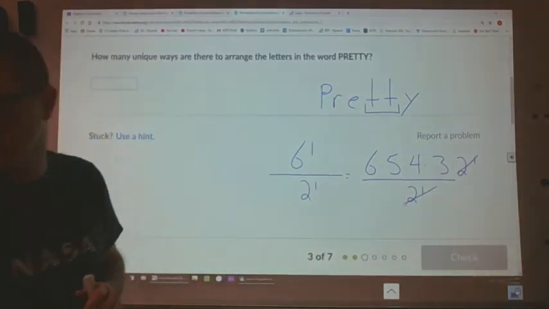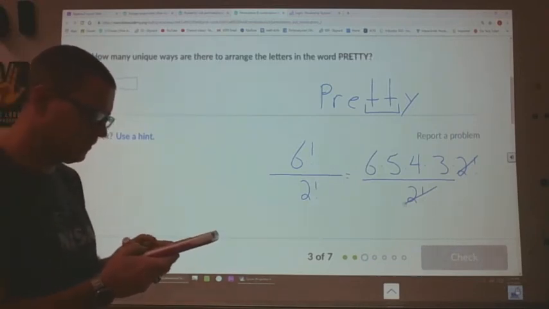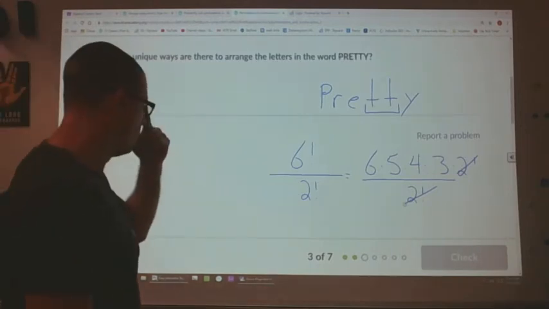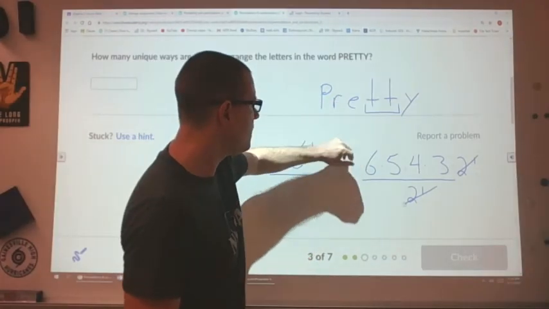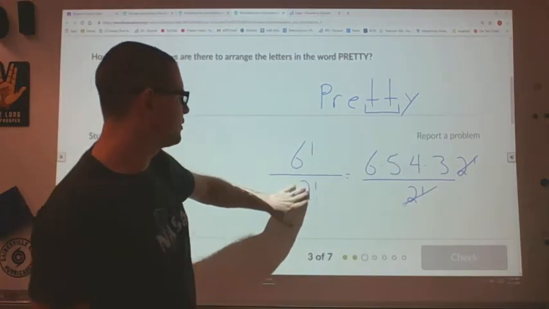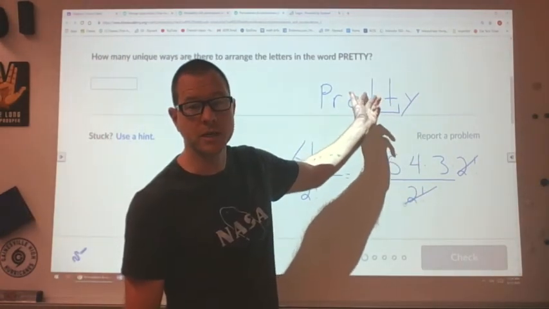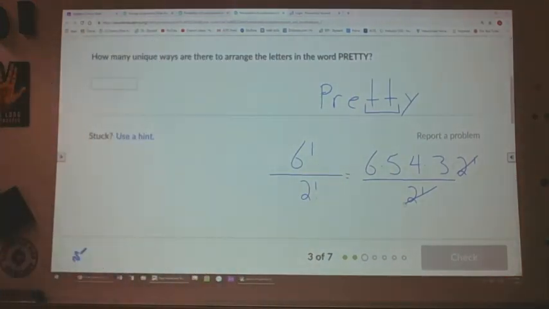And then we just multiply those. 6 times 5 times 4 times 3. 360 unique arrangements. So taking the 6 factorial, the number of ways that we could arrange these letters, dividing out the 2 factorial, the number of ways that these could switch, which would not be unique, so the number of ways 2 of them could be arranged. And then our answer there, 360.